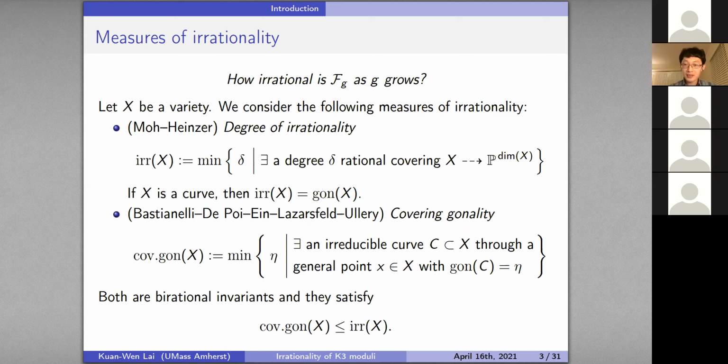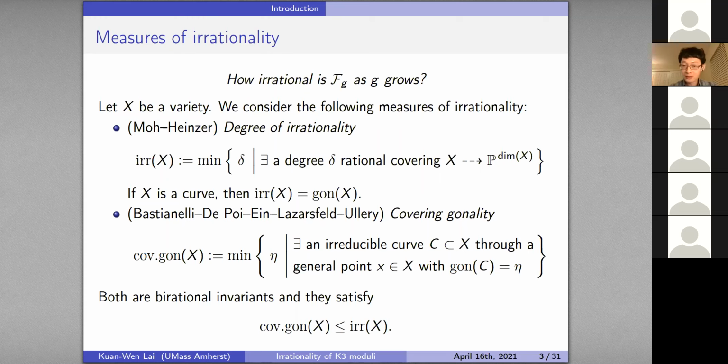To see this inequality is not hard. First, if you have a rational covering from X to a projective space, you fix a general point on X. This point gives you a point down below in the projective space. Then pick a line passing through this point, and pull back to get a curve passing through a general point whose gonality is bounded by the degree of this rational covering.